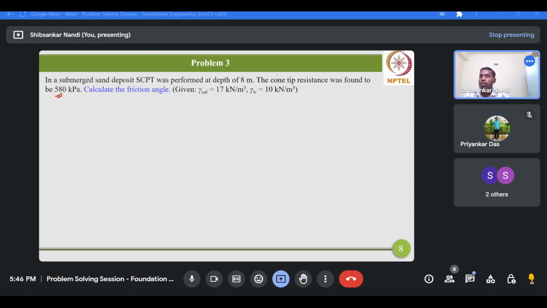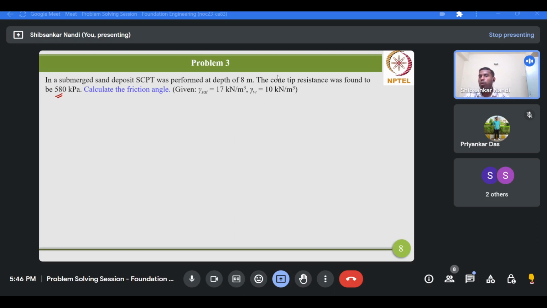So this is an example of correlation of the SCPT test data with the friction angle of the soil deposit we are dealing with.